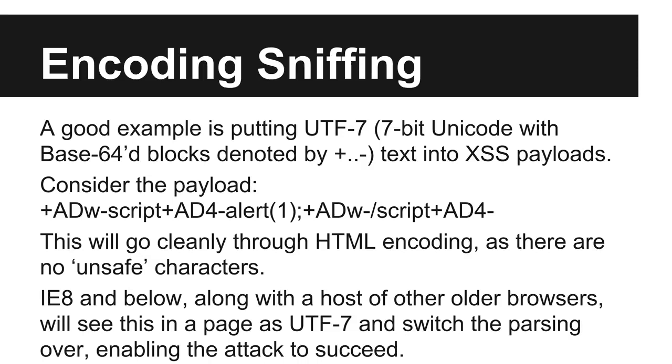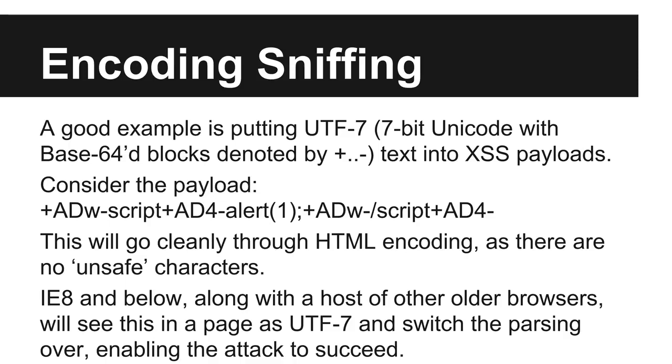IE8 and below, along with Opera, earlier versions of Firefox, things like that, will see that in a page and automatically switch the parsing to UTF-7 mode. And then those will just be decoded like any other character. This can be an effective way to get around firewalls, web app firewalls specifically.